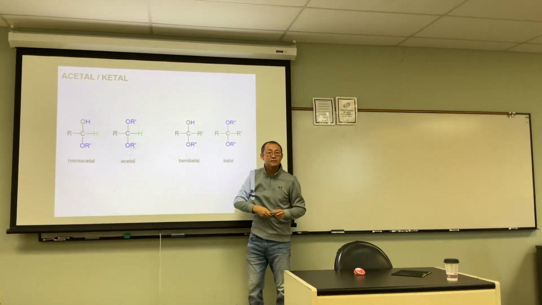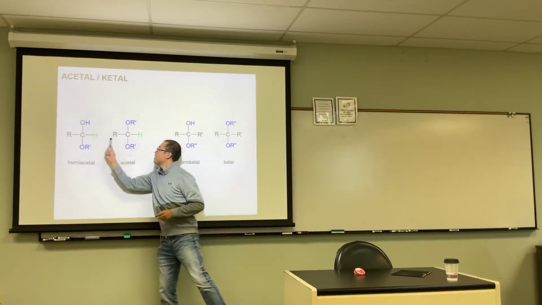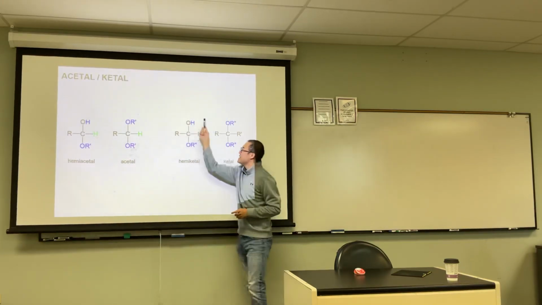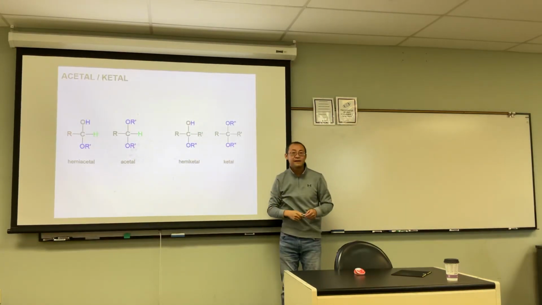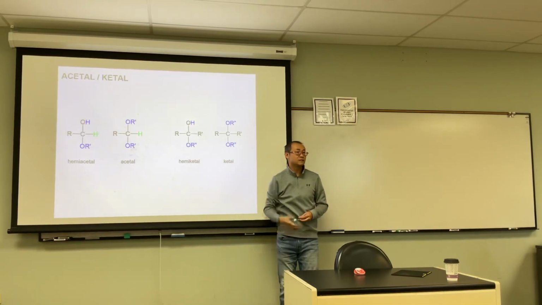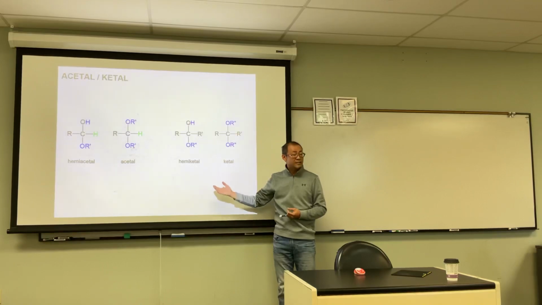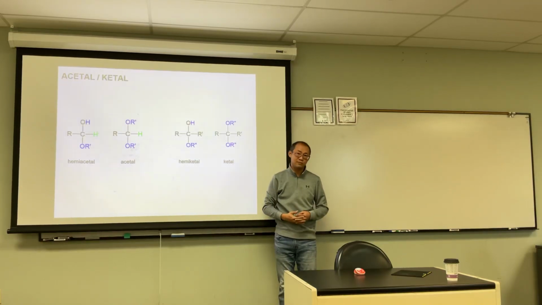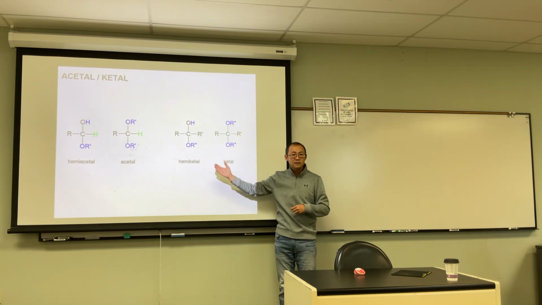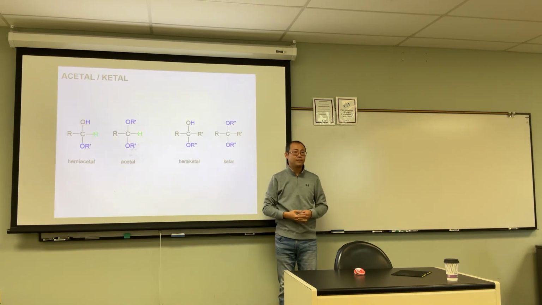Do you guys see that? The reason we spend so much time studying these structures is that you're going to see them again when we study carbohydrates. Carbohydrates exist as hemiacetals and acetals.